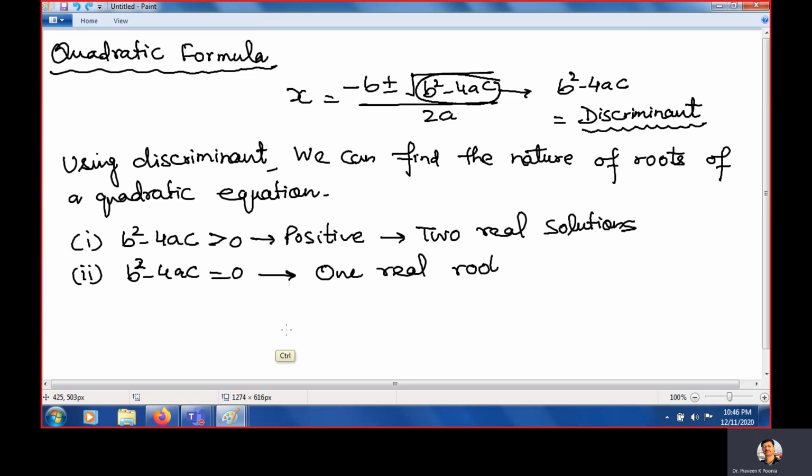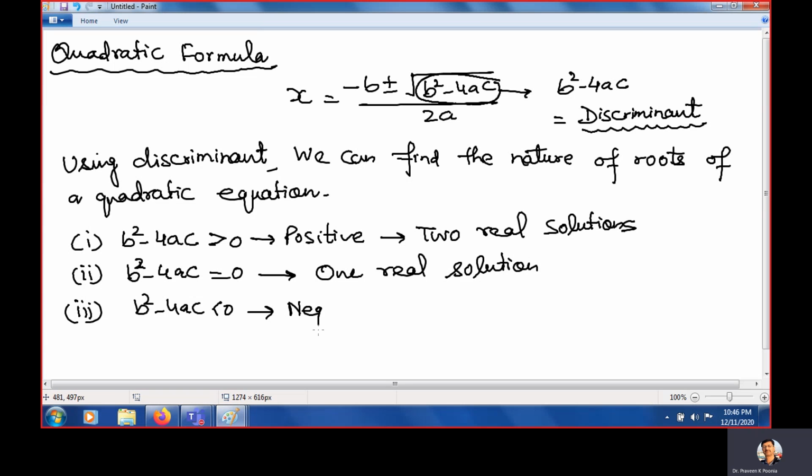In place of root, we say solution, because we are using the word solution. And the third point is if b square minus 4ac is less than 0.